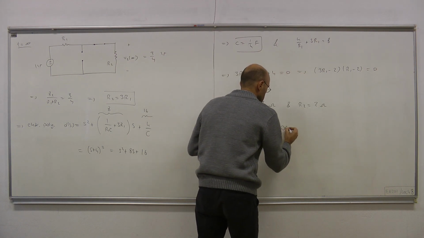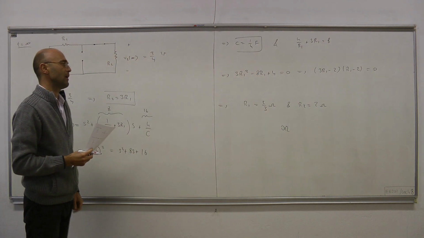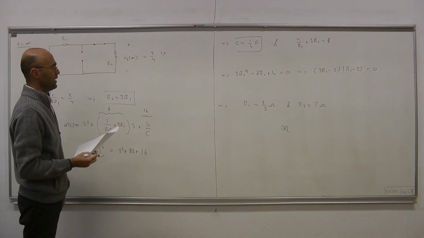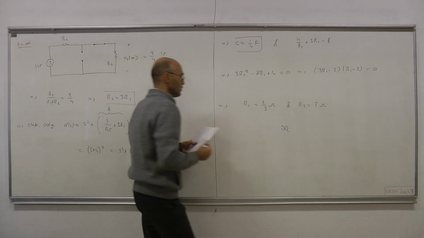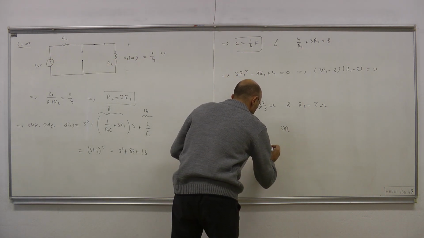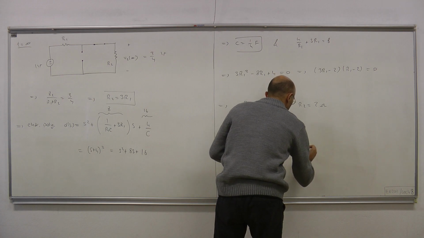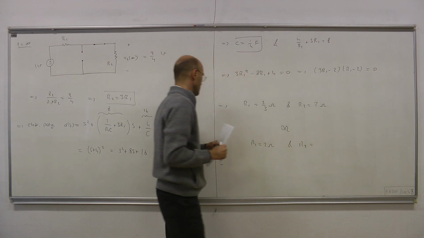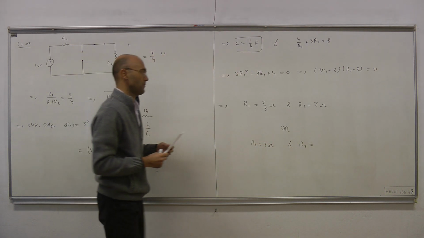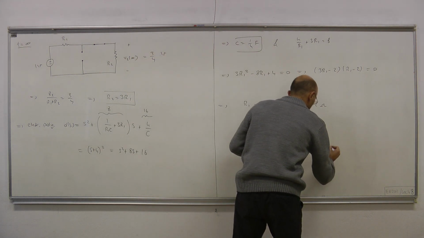Okay, so that's a possibility that realizes the design criteria. The other possibility is R1 equals 2 ohms and R2 equals 3 times 2, 6 ohms. Okay.